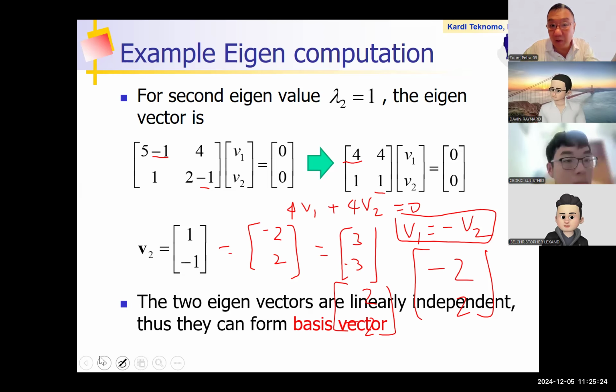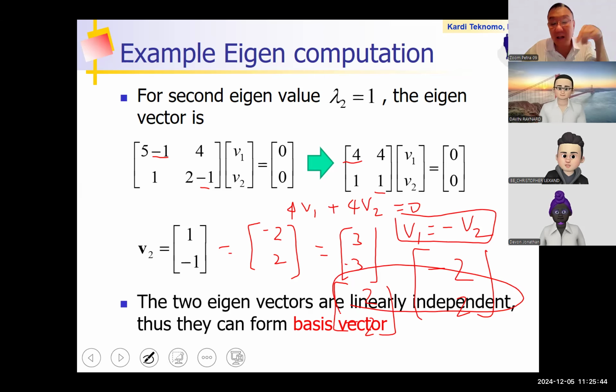If your eigenvalues are distinct, which means different, for example, 6 and 1, they are different, isn't it? So if your eigenvalues are distinct, then the eigenvectors are linearly independent.